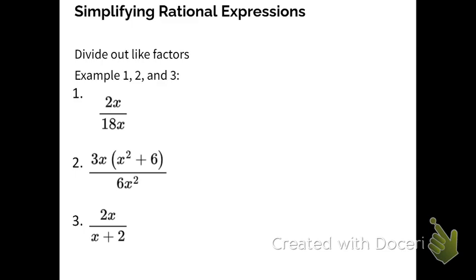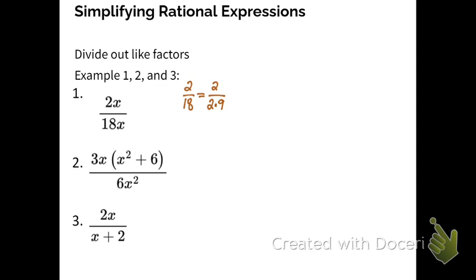So let's look at a few examples. Our goal here is just like when we simplified fractions back in elementary school, we looked for common factors in the numerator and denominator that we could divide out because they would essentially equal 1. So for example, if this question number 1, if it was just 2 over 18, what we had done in elementary school is that we would write 2 over 18 as 2 over 2 times 9.